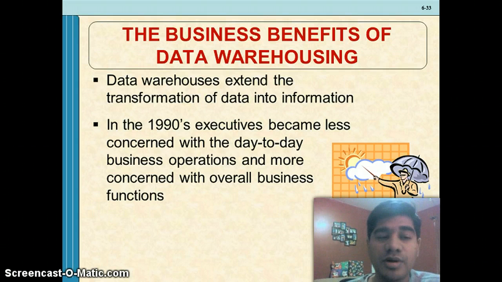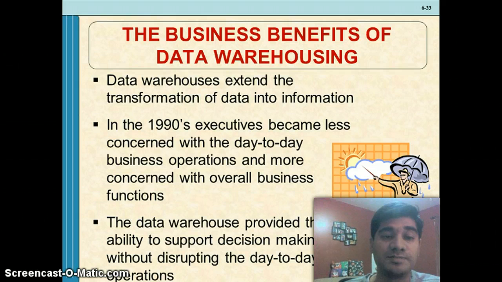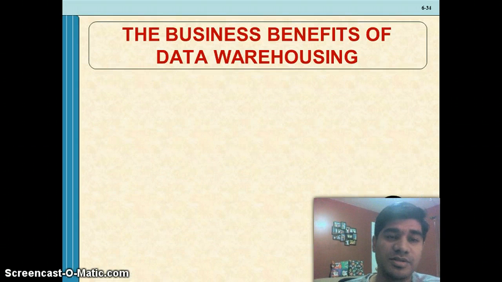We need to deal more with how to make the business more competitive as a whole. That's what led to data warehousing. The data warehouse provided the ability to support decision making without disrupting the day-to-day operations.